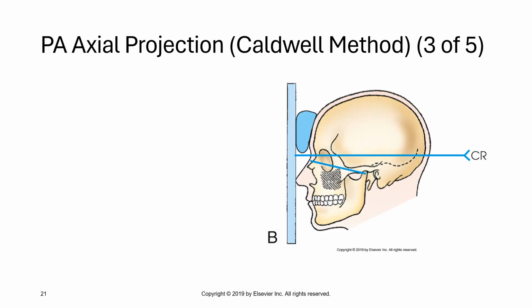If you don't have a tipped cassette, you can also use a shallow angle sponge to create the same effect. There will be some distortion. No, actually, distortion will be mitigated on this one. So there's elongation distortion on the previous one with the angled grid technique or angled image receptor technique.